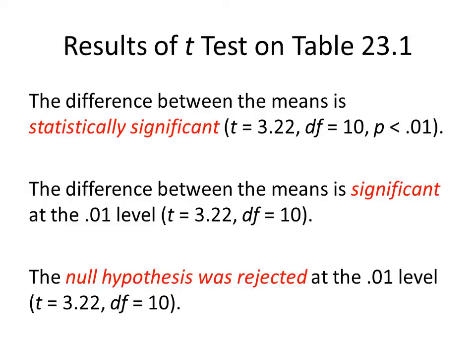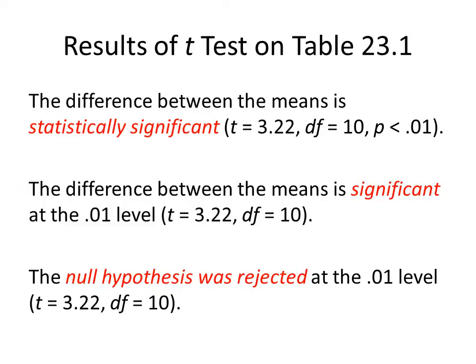In the second example, we use slightly different wording, but we're also saying the difference is significant. We say it is significant at the 0.01 level, which indicates that the p-value was equal to or less than 0.01. So the null hypothesis was rejected.